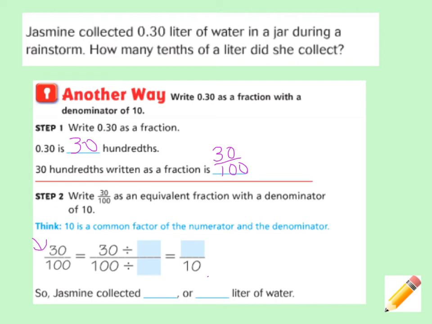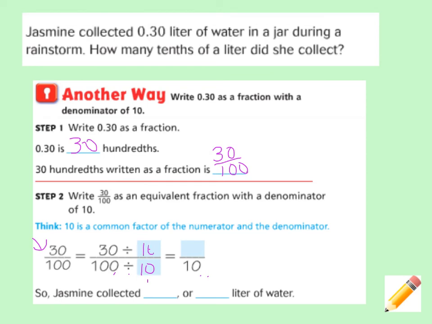So we want to get it down to tenths. So now I have to think, 100 divided by what is equal to 10? 100 divided by 10 is equal to 10. So I know what I do to the bottom, I have to do to the top.